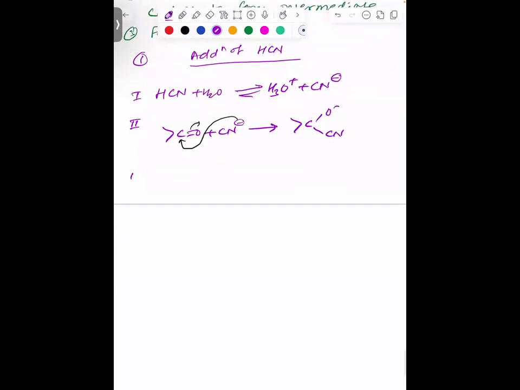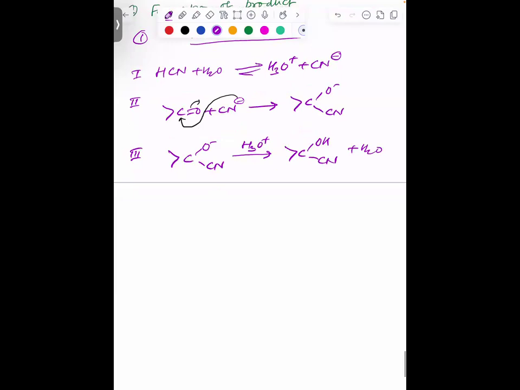This, next, in the third step, H3O plus. So this is cyanohydrin.